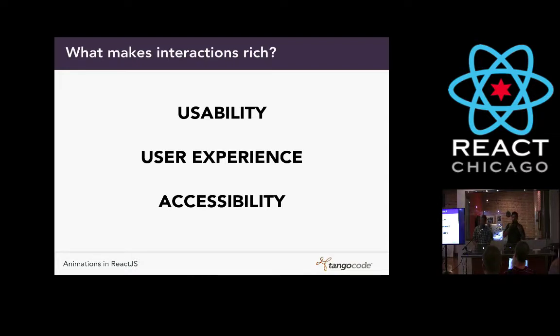In my opinion, there are three main categories of how you can delight a user in an application. The first one is usability, which covers efficiency, effectiveness, learnability, all those measurable properties of a user interface. Then the user experience, which you can say is emotion and behavior, information architecture, all those keywords.